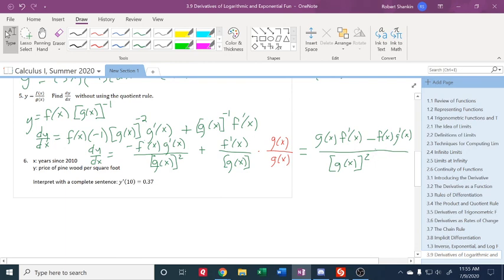So interpret with a complete sentence: Y prime of 10 is equal to 0.37. Let me give you a minute.